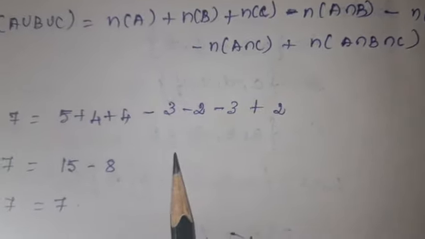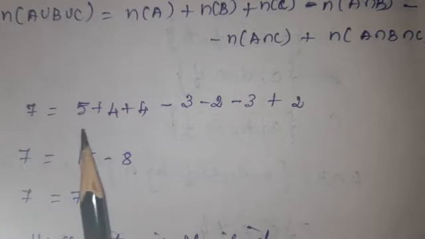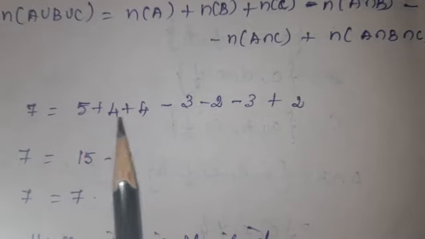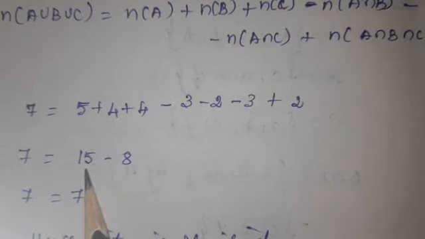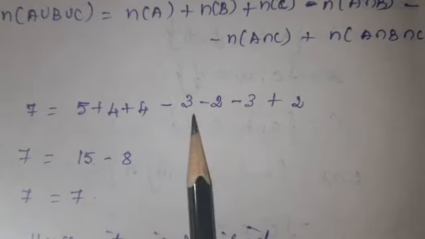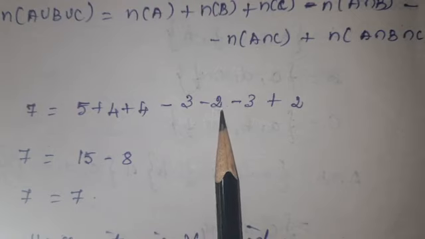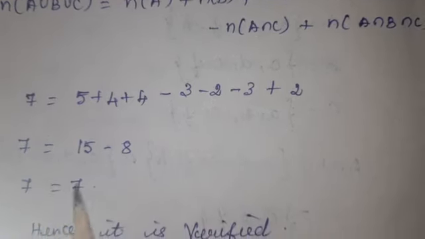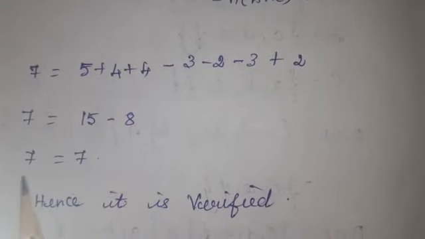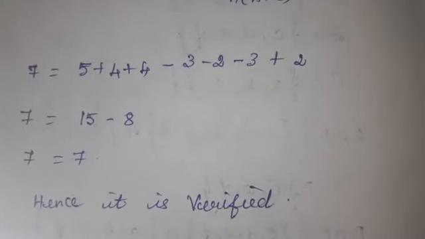Now simplify. Adding the positive numbers 5 plus 4 plus 4 plus 2 is 15. Adding the negative values, minus 3 minus 2 minus 3 is minus 8. So 7 is equal to 15 minus 8, which is 7. Both sides give the same answer. Therefore, it is verified. Thank you students.